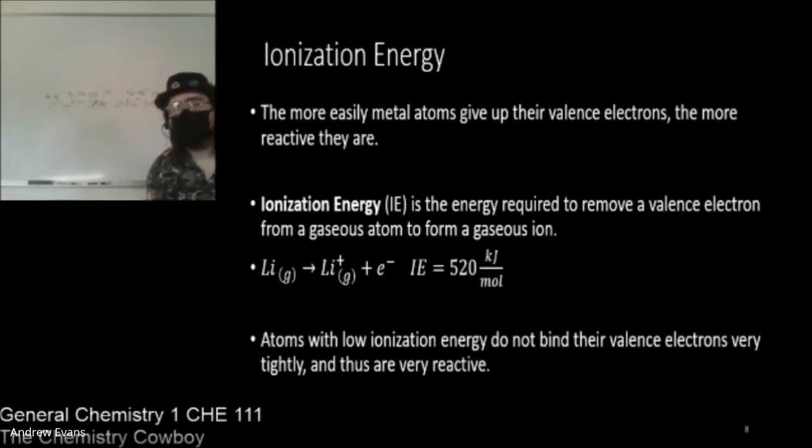Ionization energy is described as the ability to remove an electron from the valence electron shell. And so the more easily this is achieved, the more easily it becomes positive, the more easily it makes an ionic bond.